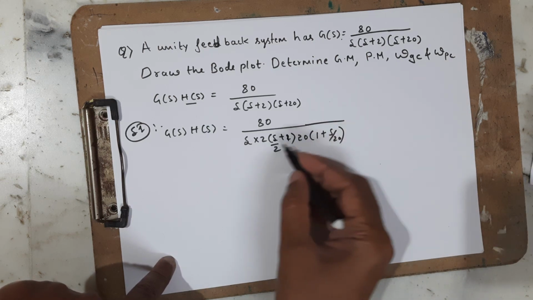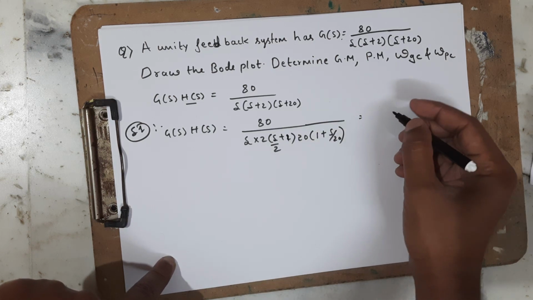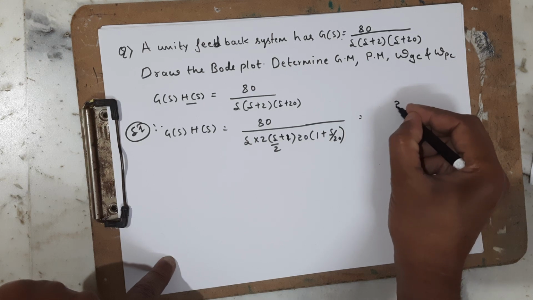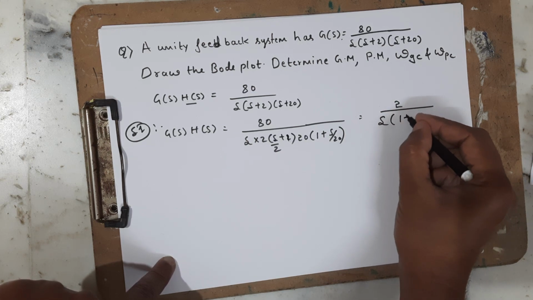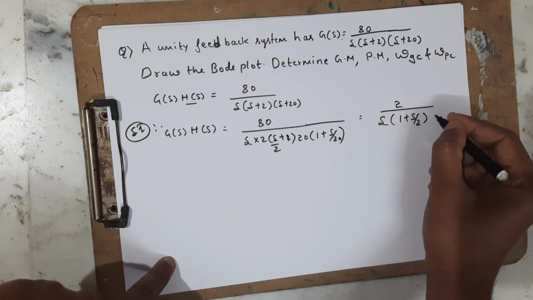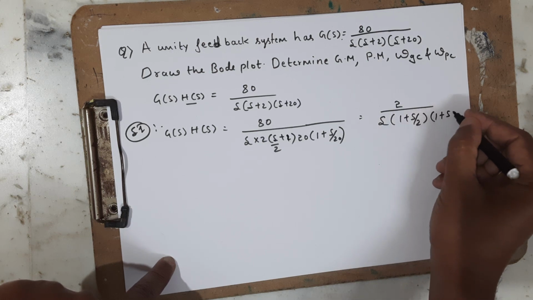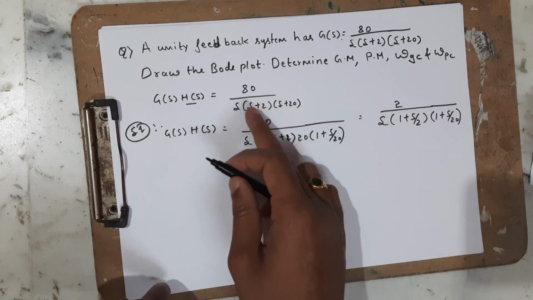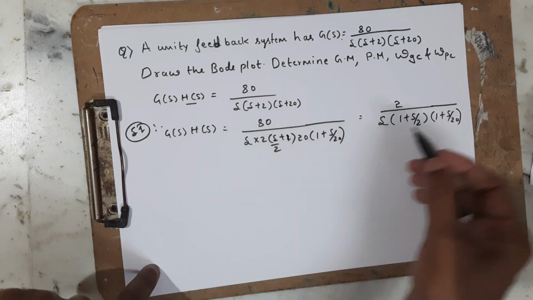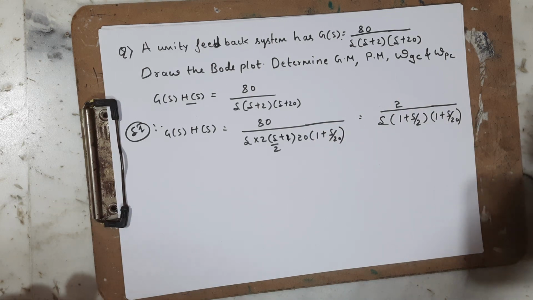After simplifying it will be written as 2 divided by s (1 plus s by 2) into (1 plus s by 20). So we have converted from the standard form to time constant form. This is step number 1.